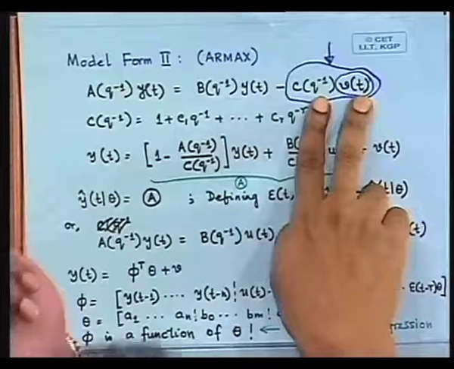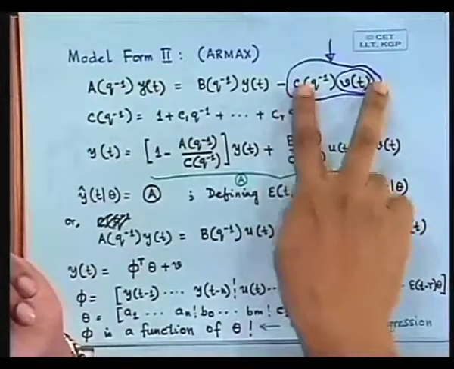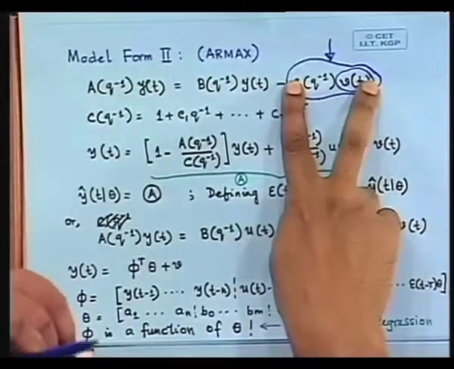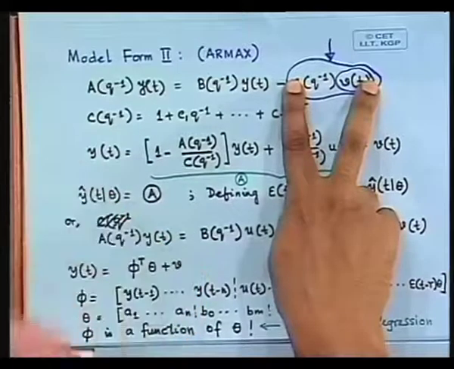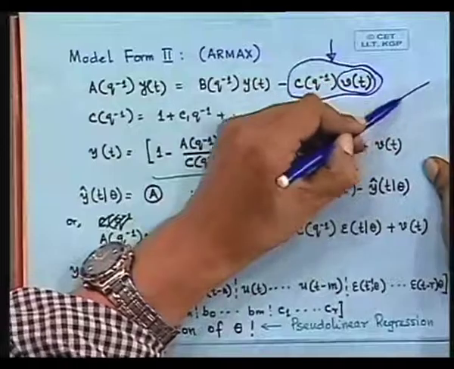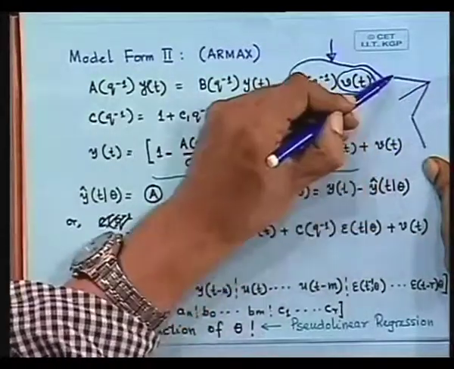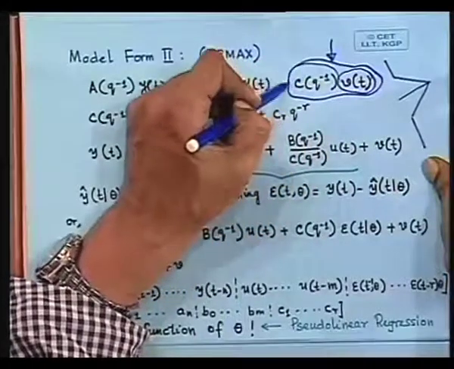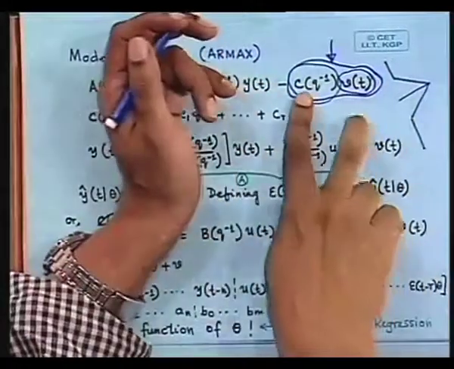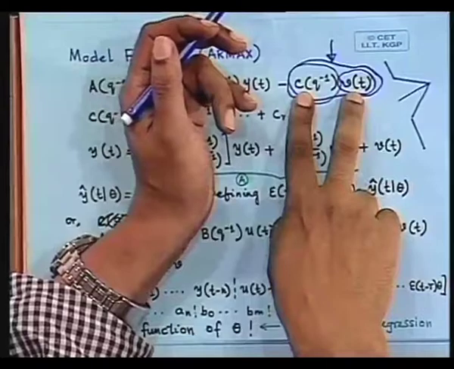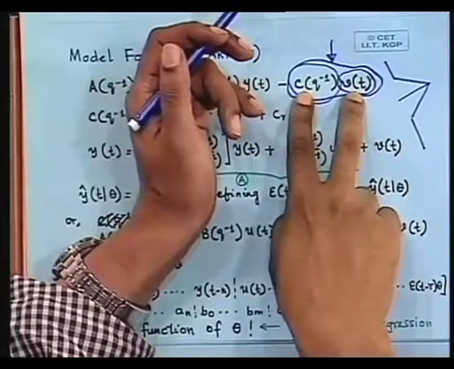Now you are assuming that this term which you previously assumed white is now a sum of some white terms, which means that its autocorrelation function is not like a delta, but it will spread a little bit. It depends on the order of the C polynomial, because you are taking a weighted average of white signals.